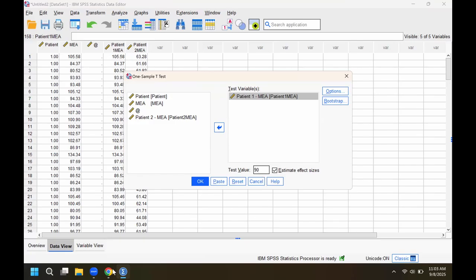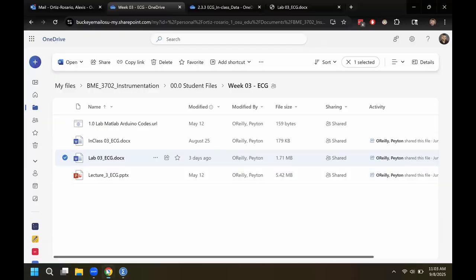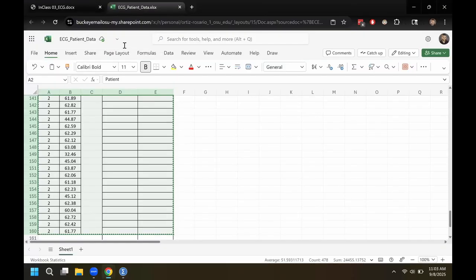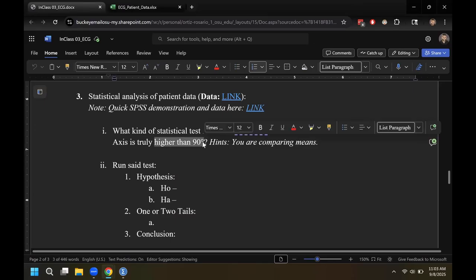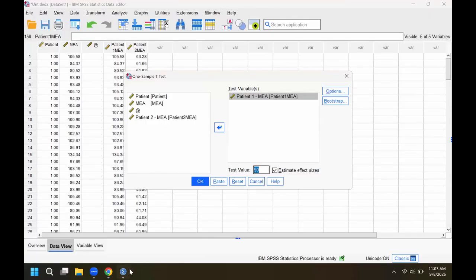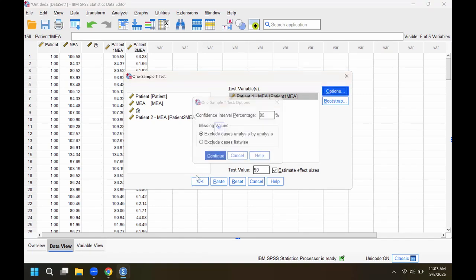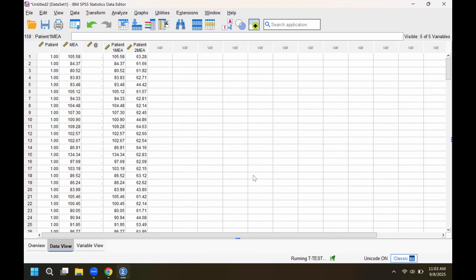If we go back to the in-class, it is asking us if it is higher than 90, and that is in itself a keyword. I'm actually going to go ahead and bold it for your benefit. I'm going to check the options, nothing there, and I'm just going to go ahead and click OK.